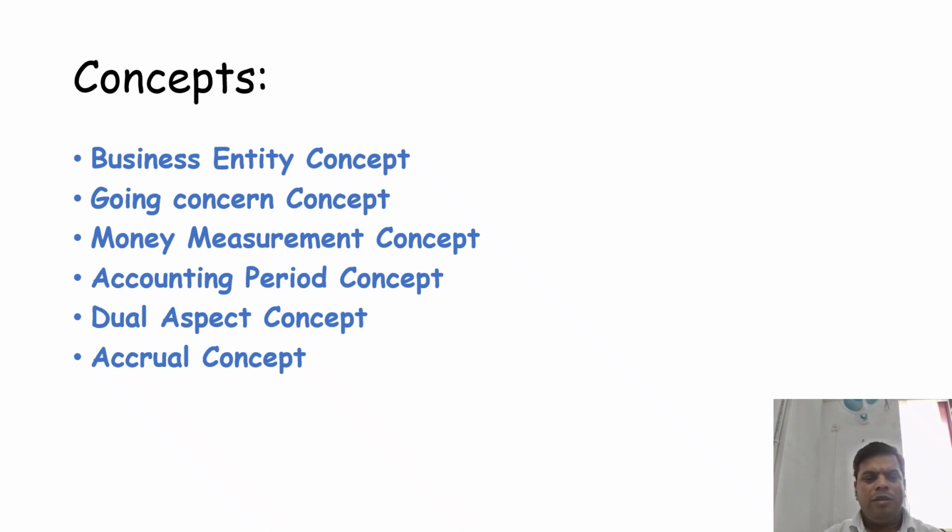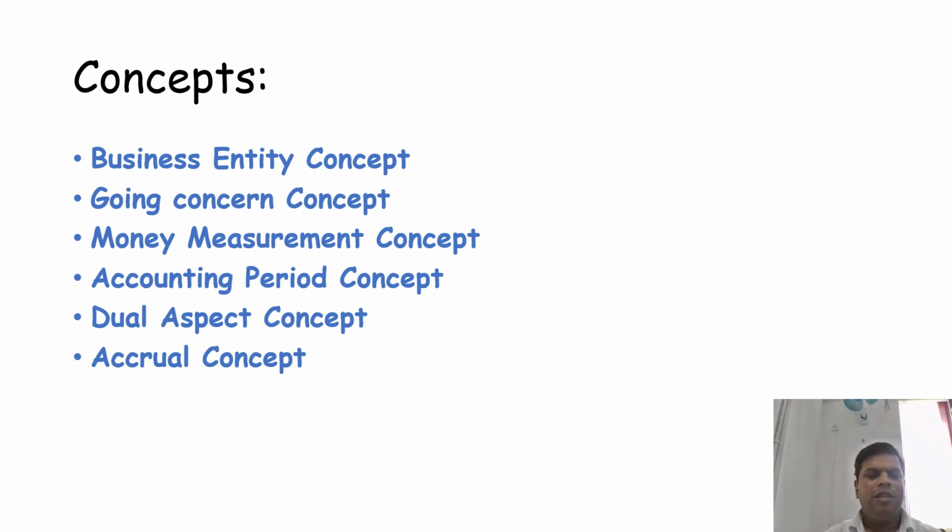So the business entity concept tells us if any businessman is having any business, it is separated from its ownership. So there are two different entities, like Mukesh Ambani is one entity and his business is another entity. So this concept tells us there is a difference between owners and their business.